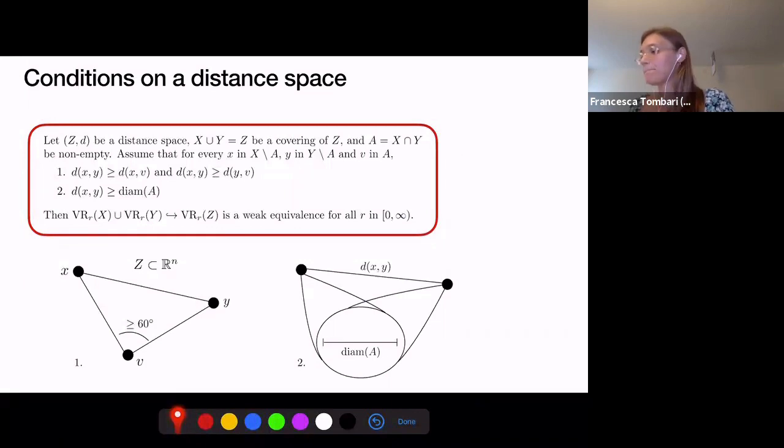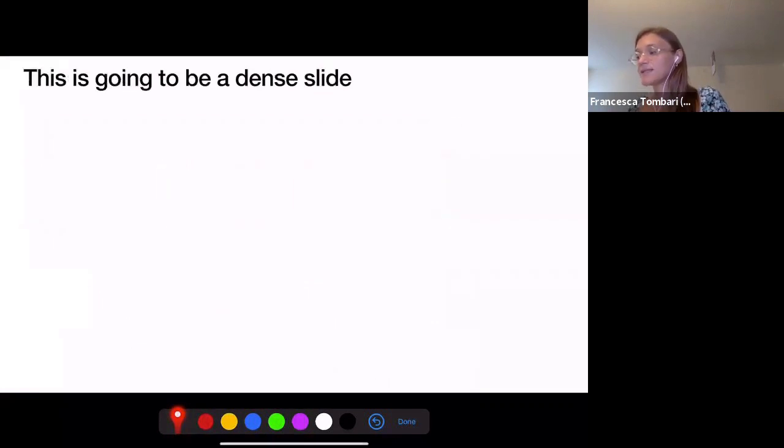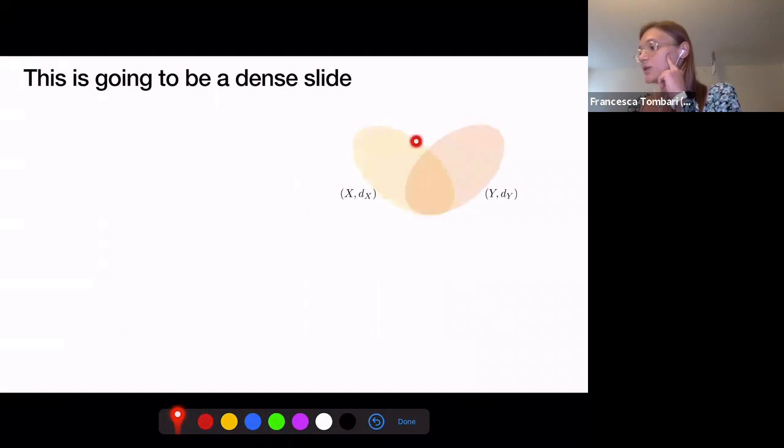Okay, so this was an example for a distance space, and the next one is about a particular type of pseudometric space that I'm going to define for you. So let's say that we have two metric spaces, with different metrics, but they coincide on the intersection, which is non-empty.